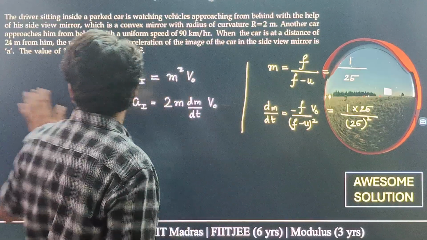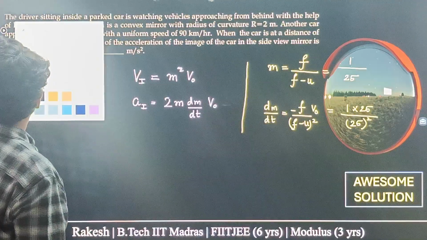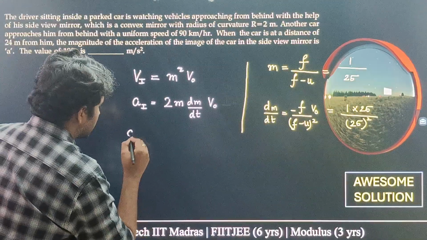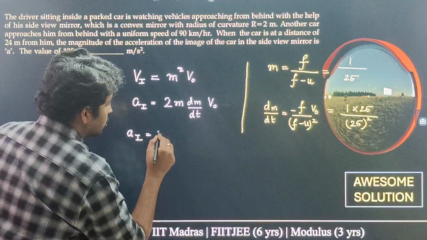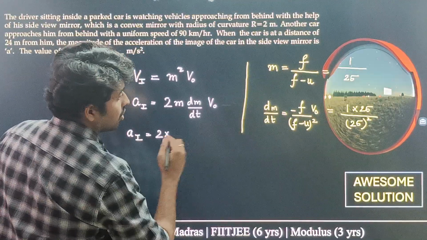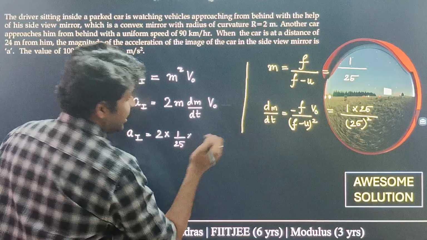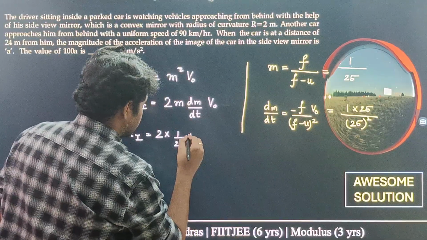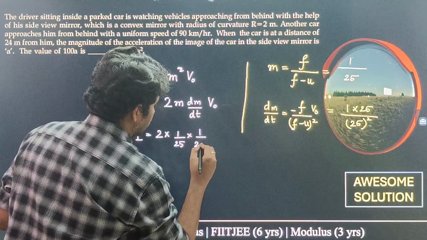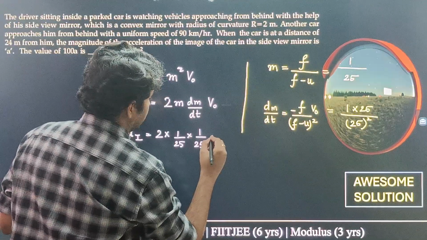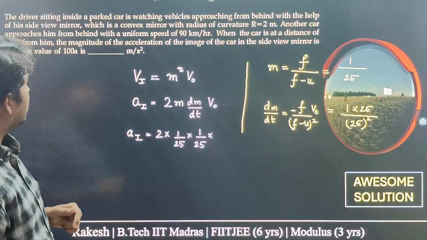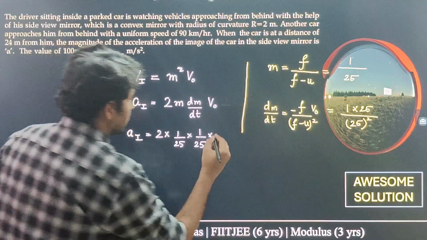Now we'll just plug in these values here. So what is acceleration of image? 2 times m, which is 1 by 25, times dm by dt; again 25 gets cancelled. We get this also as 1 by 25 into v naught, which is again 25.